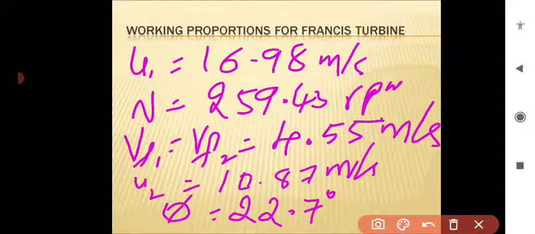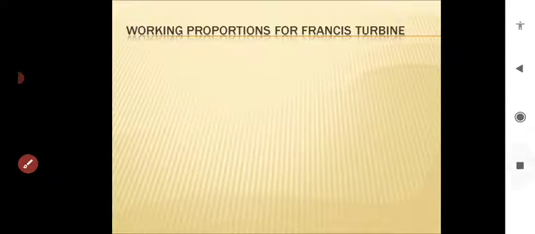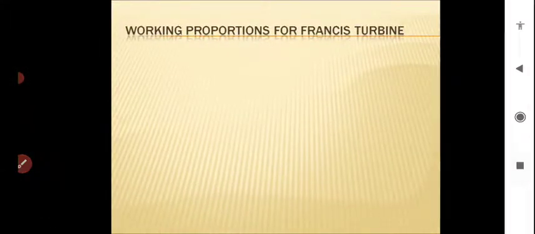Now I am giving you an assignment problem. All of you note it down. This is the assignment problem for you. A Francis turbine has an inlet diameter of 2 meter and an outlet diameter of 1 meter. The breadth at inlet is 0.2 meter and at outlet is 0.3 meter.